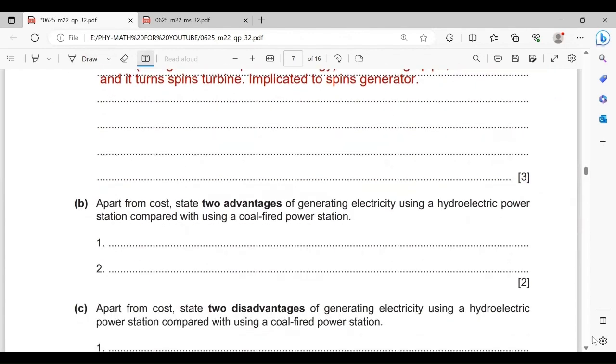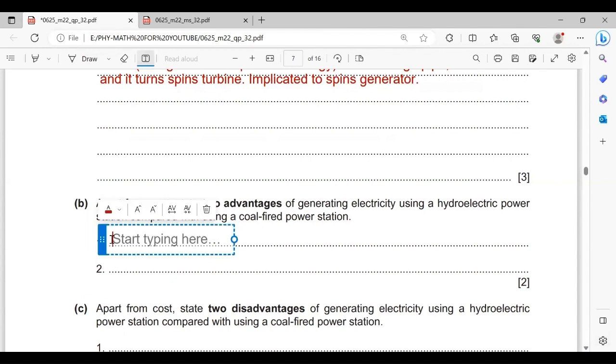Apart from cost, state two advantages of generating electricity using a hydroelectric power station compared with using a coal-fired power station. Okay, so first, we gain energy from renewable energy.